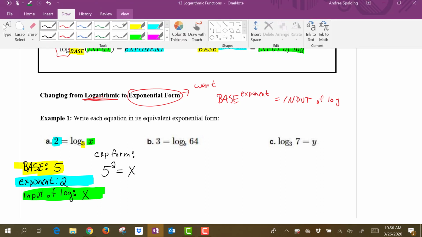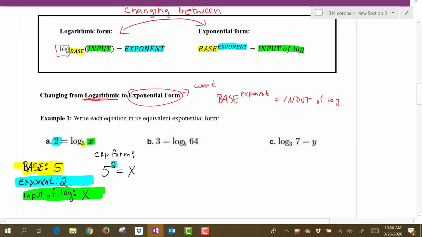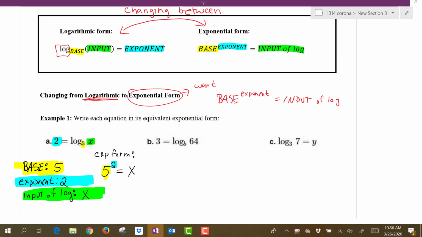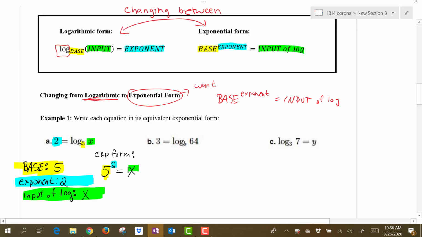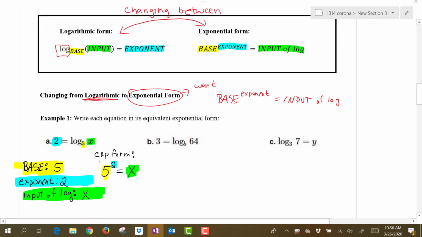So all we're doing is rewriting in a different form. So here's the exponent, here's the base, and here's the input of the log. So our goal is to identify those three moving parts and put them in a different order.